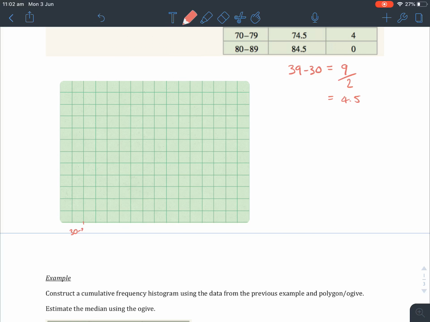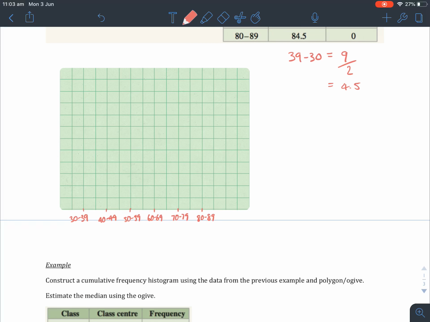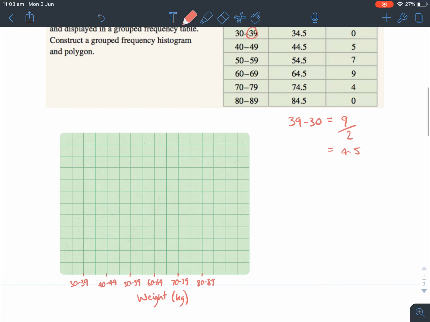So 30 to 39 will be here. 40 to 49. 50 to 59. And we need labels. This is weight in kilograms. On our vertical axis, we're looking for the frequency.